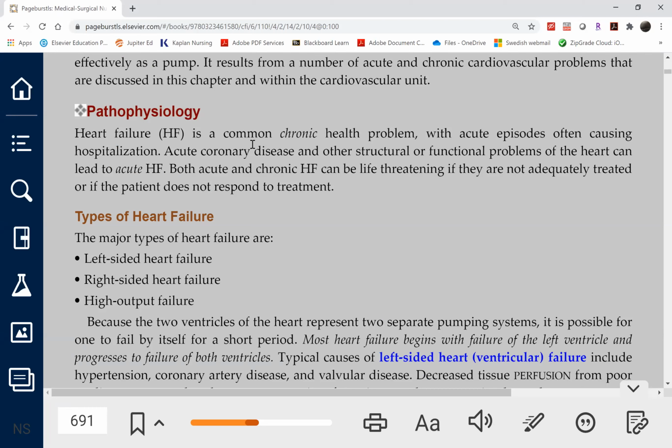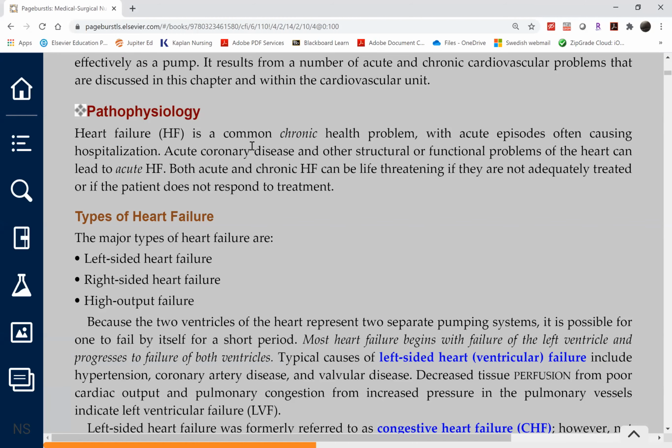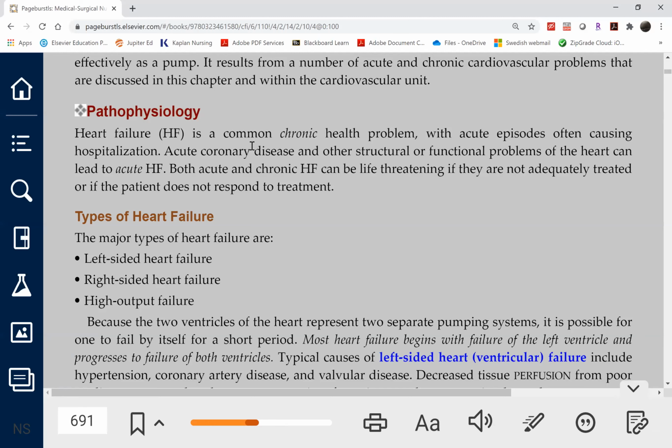However, it will have acute episodes, meaning if you don't comply with the pharmacologic and non-pharmacologic management of heart failure, then you'll have an acute exacerbation, just like COPD or even diabetes. All chronic disorders can have acute episodes if the patient doesn't comply with the management.